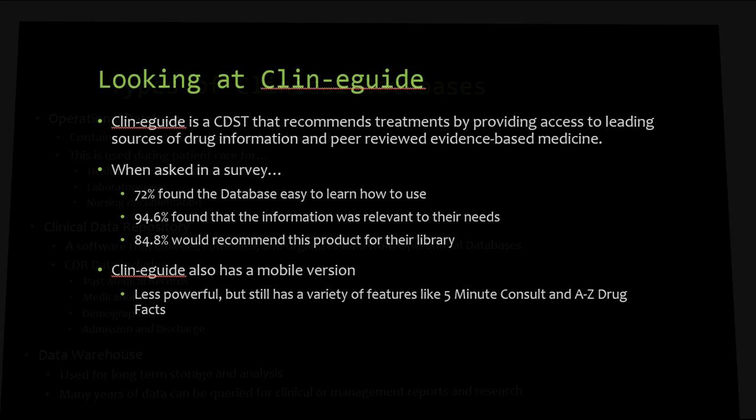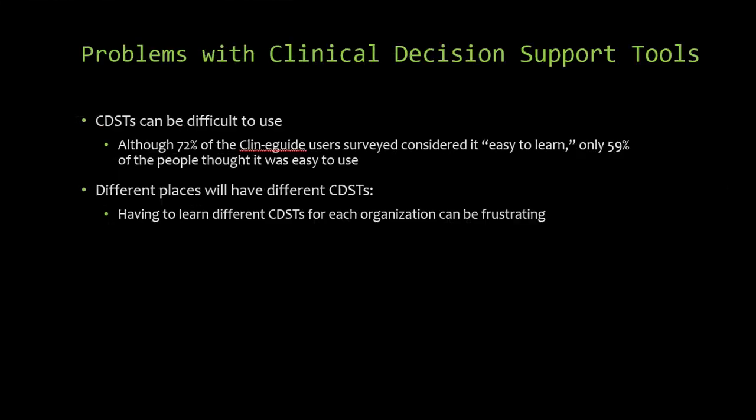Also, ClinEGuide has a mobile version. It is less powerful, but it still has a variety of features like a 5-minute consult and A to Z drug facts. Although clinical decision support tools can be very useful, sometimes they can be a little difficult to use. Although 72% of the ClinEGuide users that were surveyed considered it easy to learn, only 59%, a little less than 2/3 of the people, thought it was easy to use.